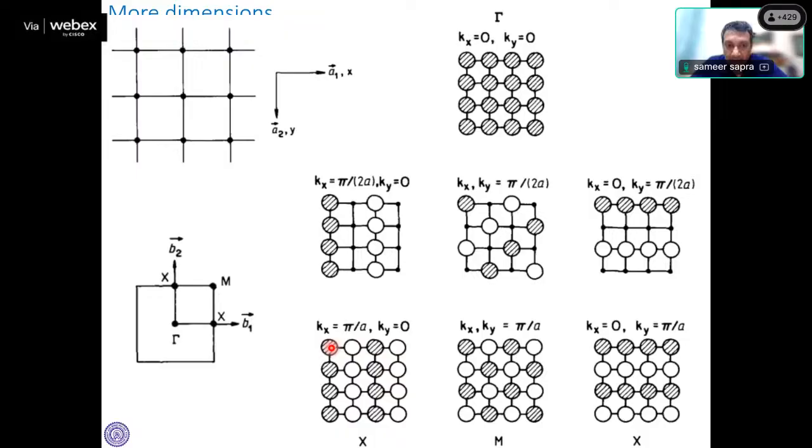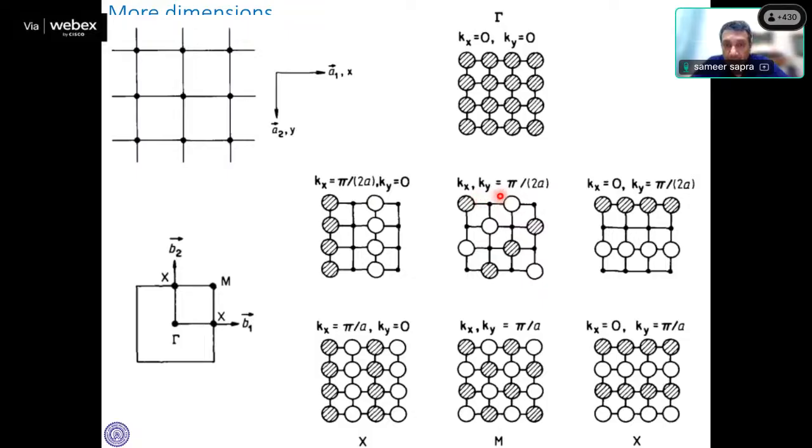In fact, I should have taken this first because that's the correct anti-bonding sequence. This is the x point, and so kx is equal to pi by a, plus minus, that's pi by 2a. So you've just doubled the reciprocal lattice point. Okay, you can take other combinations.